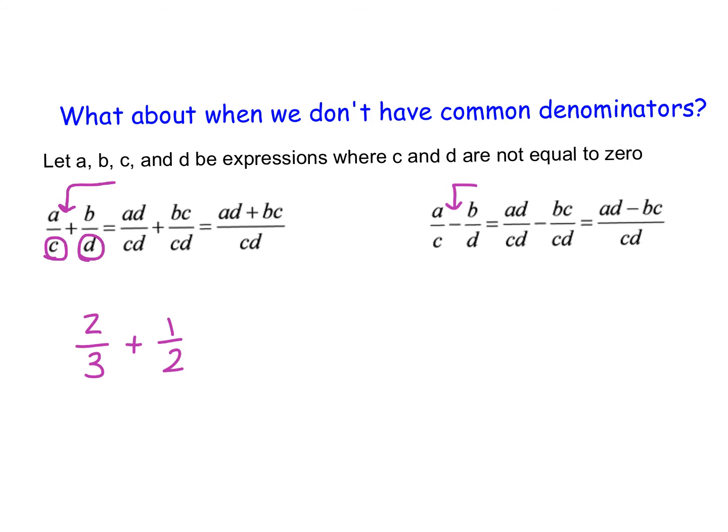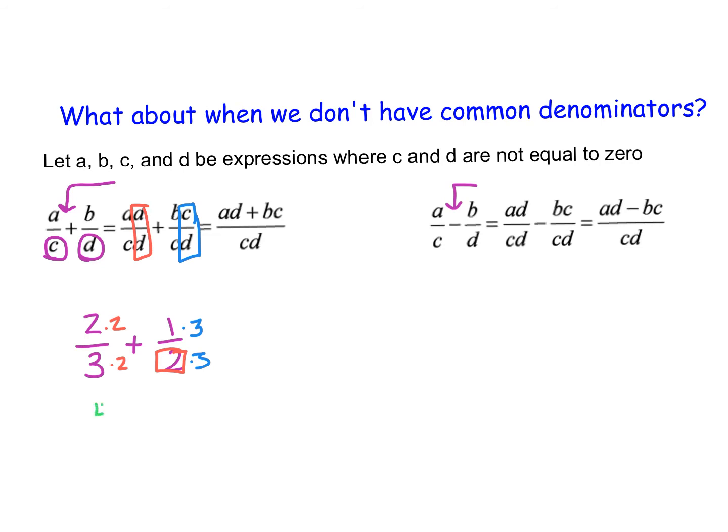What we know that we do is we take the first fraction and we multiply it by the denominator of the second. So we multiply it by D. That's what we're doing here. We then take the second fraction and we multiply it by the denominator of the first. So we multiply it by C. That's what we're doing here. And as we do that, we end up with a new denominator, and we eventually are able to add them together.